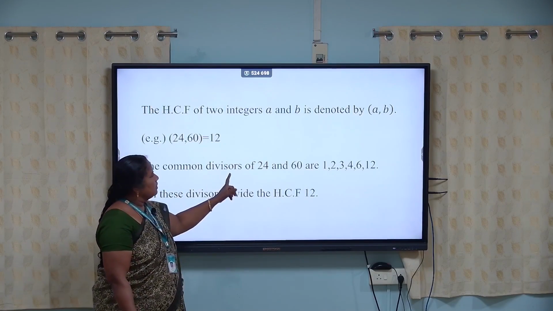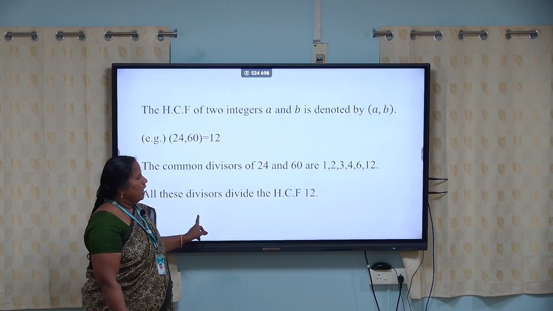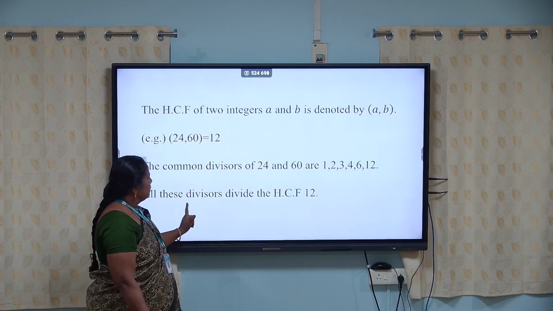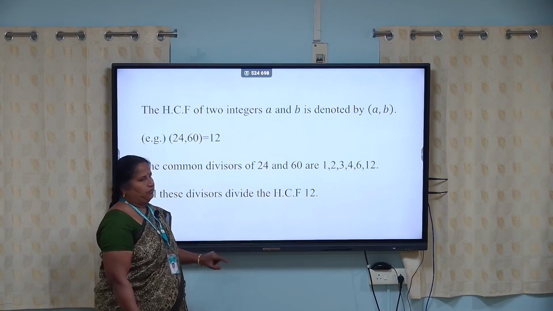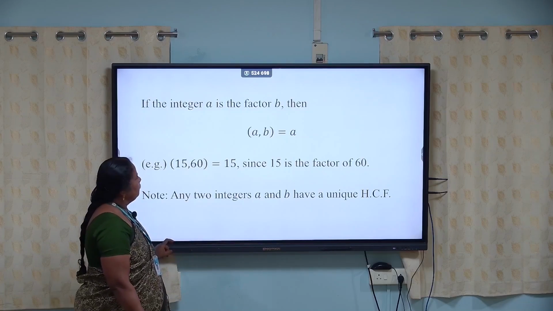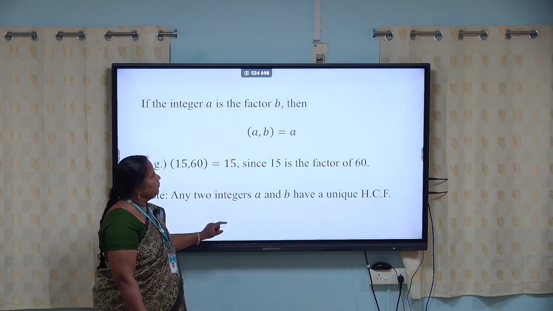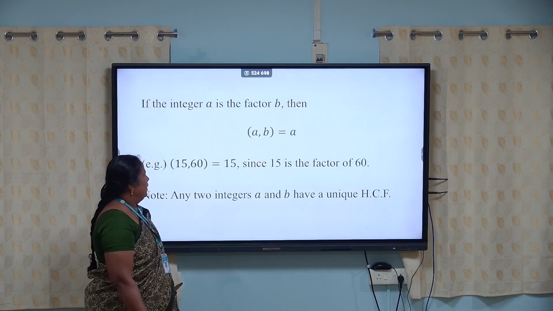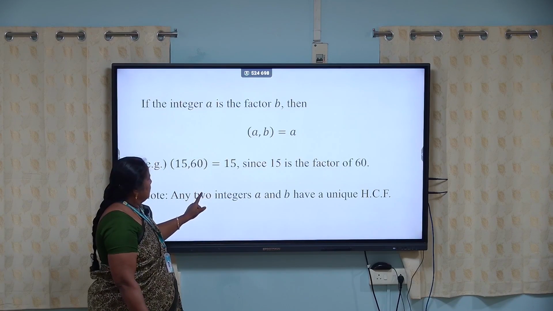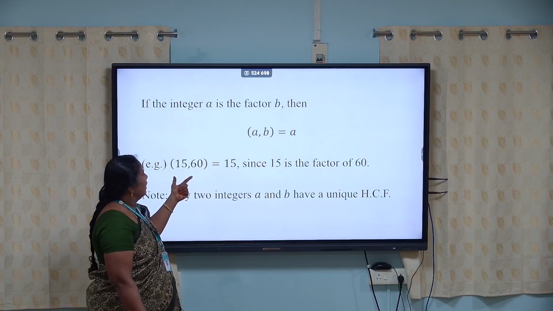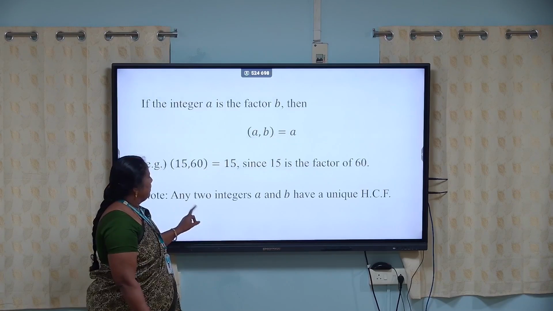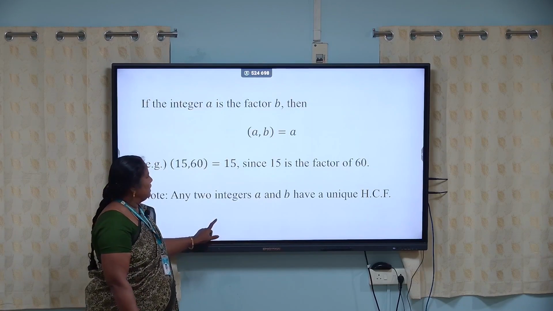The common divisors of 24 and 60 are 1, 2, 3, 4, 6 and 12. All these divisors divide the HCF 12. If the integer a is a factor of b, then HCF of (a, b) is equal to a. For example, since 15 is a factor of 60, the HCF of 15 and 60 is equal to 15. Any two integers a and b have a unique HCF.